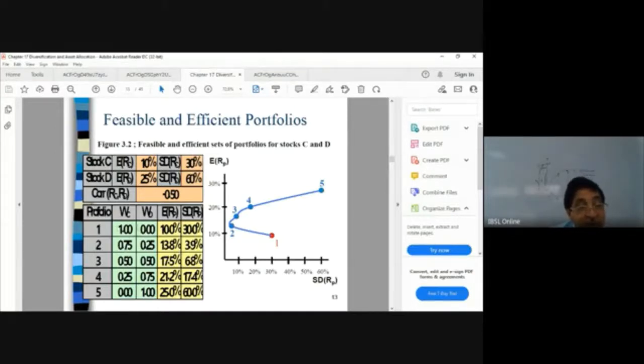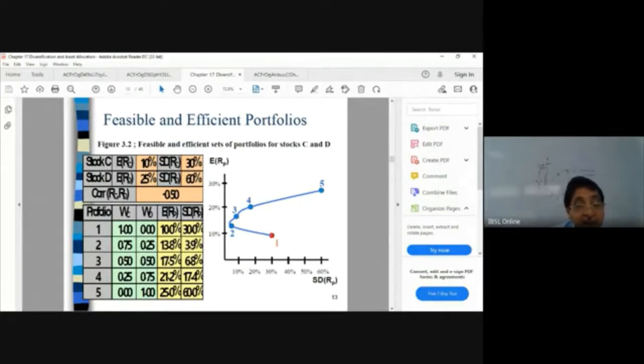That means all of it is only one asset. The first one is only one asset, so we don't need to think about it. But in the second, you have C of 0.75 and D of 0.25. The meaning is C's weight is 75% and D's weight is 25%.